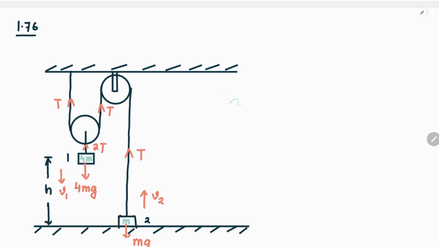So what we are doing is establishing a constraint relation between the blocks.